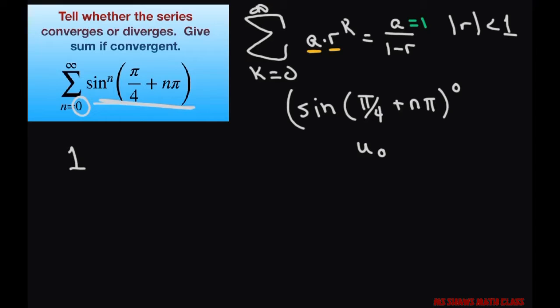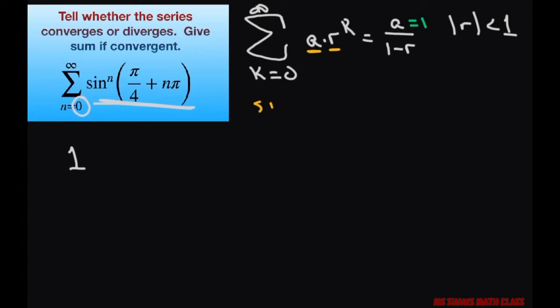Now we have to find our r. Basically, what we need to know is that sine of alpha plus beta equals sine of alpha cosine of beta plus cosine of alpha sine of beta.